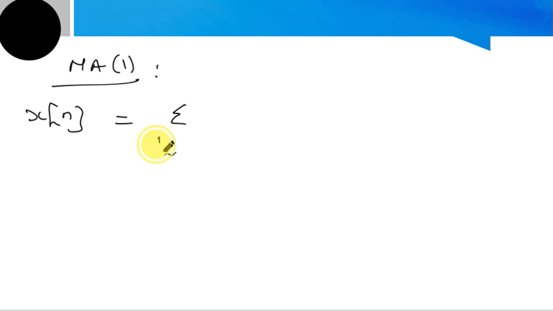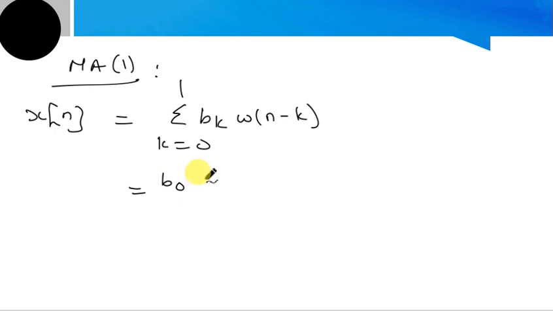For a moving average of order 1, x of n will be equal to summation k equal to 0 to 1 of bk w of n minus k. So when k is 0 this is b naught w of n, plus b1 w of n minus 1. All this holds good for n greater than or equal to 0.